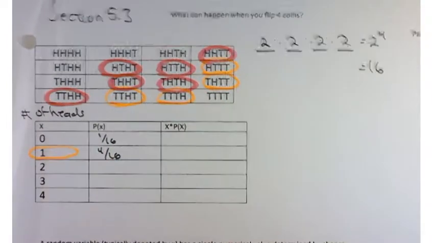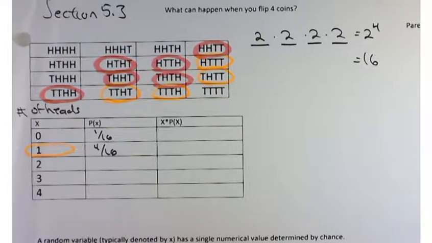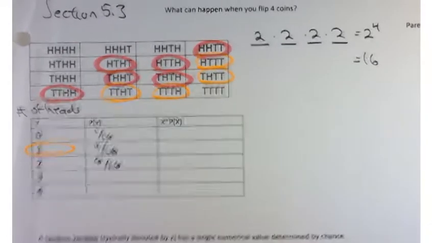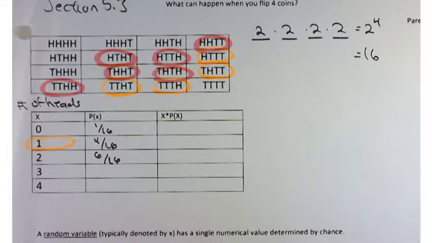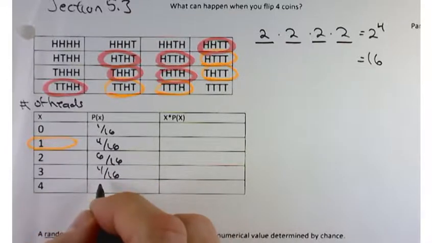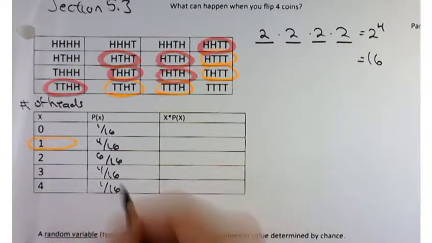So 6 out of 16. And then last but not least, these are symmetric, so I'm just going to speed this up a little bit. 4 out of 16 and 1 out of 16.